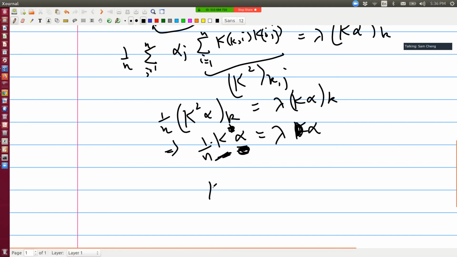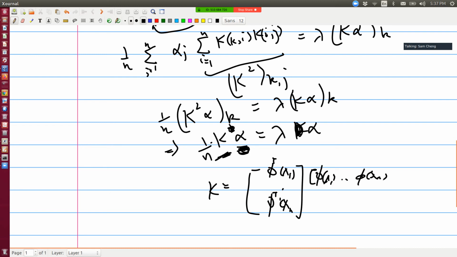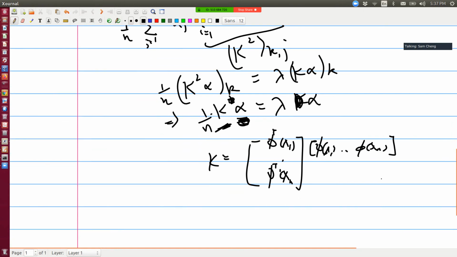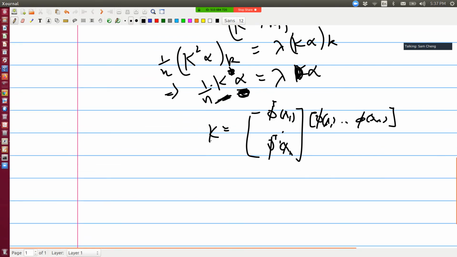know that what the K matrix is, I can write it as phi(x1) transpose phi(x1) up to phi(xn). This is my K matrix. So in general, if I want to make this thing zero mean, I can introduce a centering matrix.